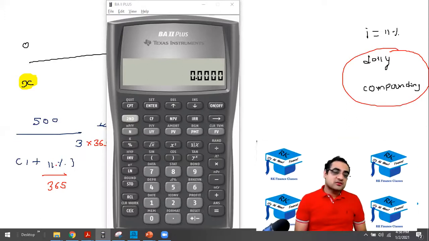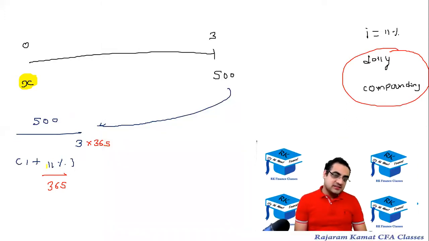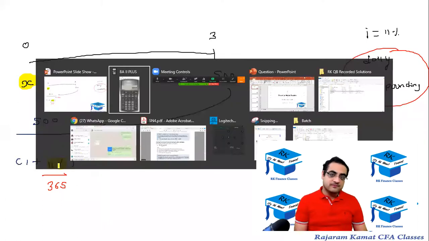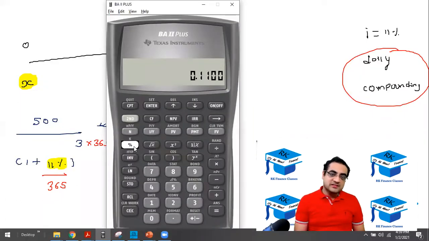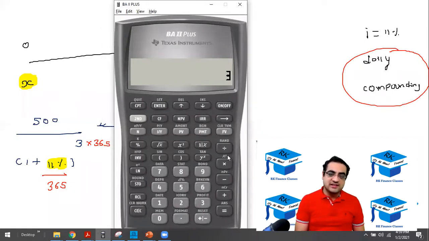Okay, perfect. So let's start with this 11 percentage divided by 365 equal to, then do that plus 1 equal to, then press raise to, then open the bracket and then you have 3 into 365, close the bracket, equal to.